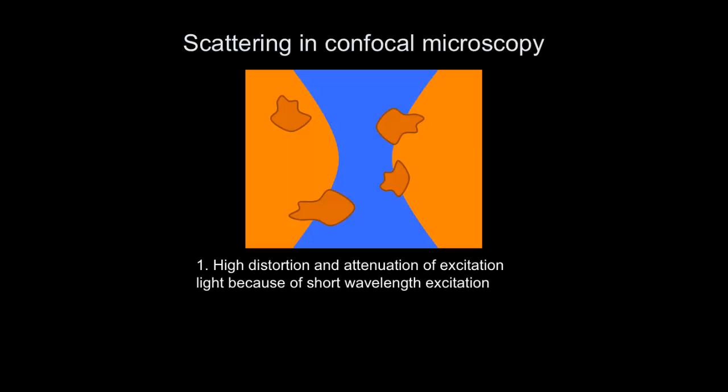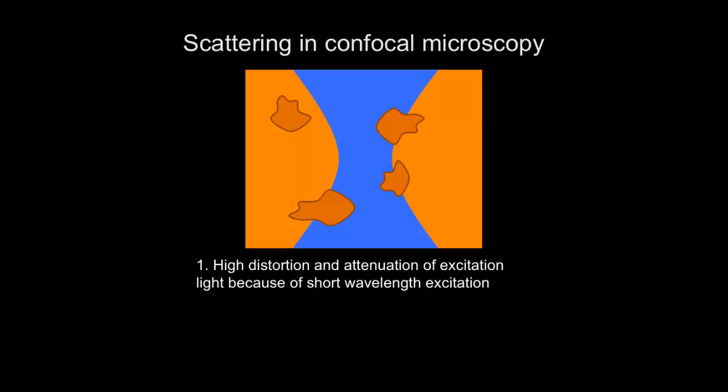Number 1, in confocal microscopy, typically it's operated in the fluorescence mode. What you have to do is you have to excite the fluorophores in your tissue, and they want to be excited in the visible range of the spectrum. In order to do that, you have to put in light that is typically on the blue end of the visible. So that's why it's called a blue. Blue light has a short wavelength, as you probably know.